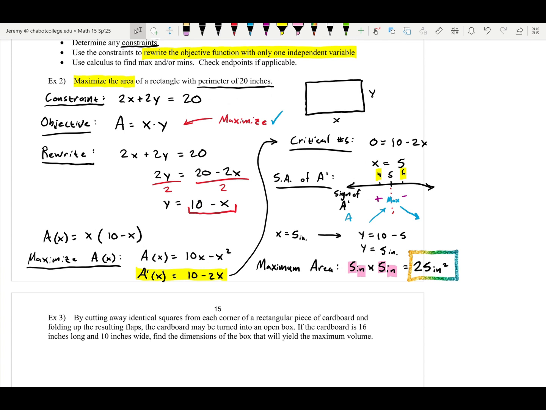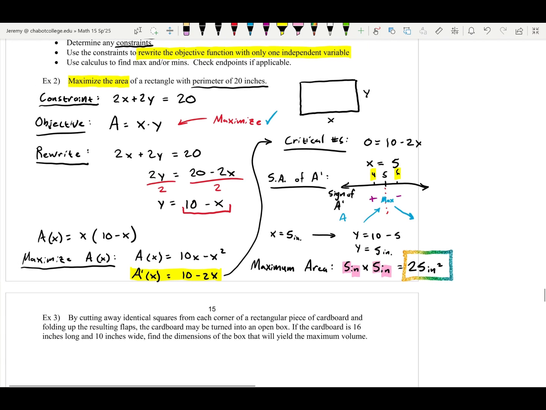So, similarly to previous sections, at the end of the problem you want to do a check and make sure that you're providing your answer, including units, in accordance with how everything was defined in the problem. All right, and now we know that for a rectangle with a perimeter of 20 inches, the one with the largest area is going to be a square.